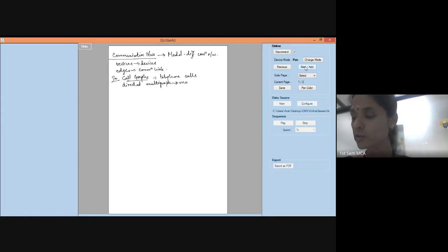You are using a directed multigraph to model the calls, where each telephone number is represented by a vertex, and each telephone call is represented by a directed edge.